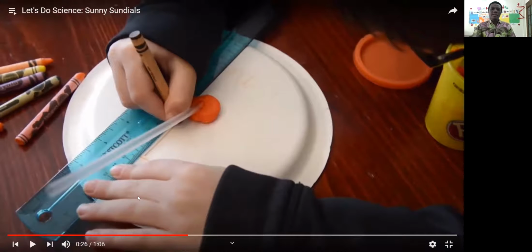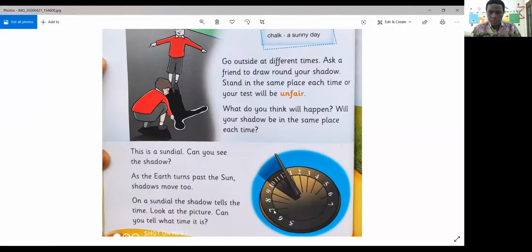Now, the second step is to fix the stick in this oblique position, okay? Then draw lines to show what the time is, so that you will be able to read it. Like 12, as we saw in our book. What they are trying to do is draw this: 6, 7, and so on.